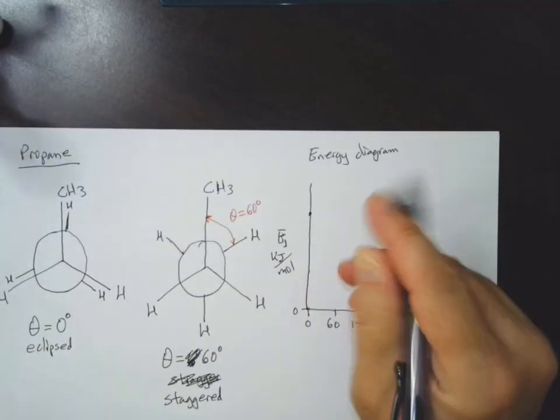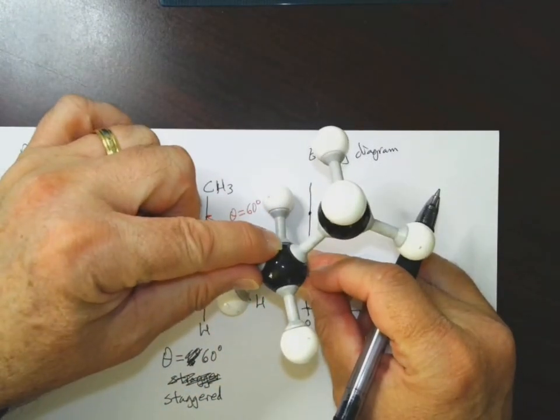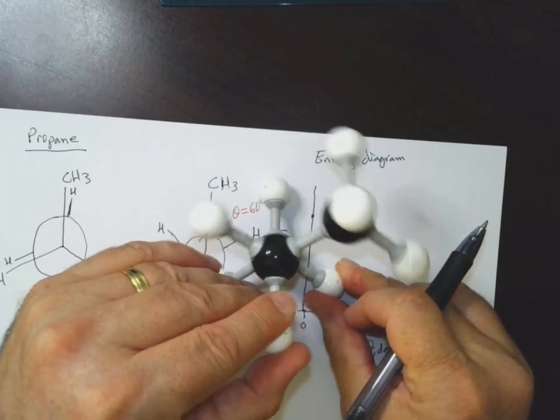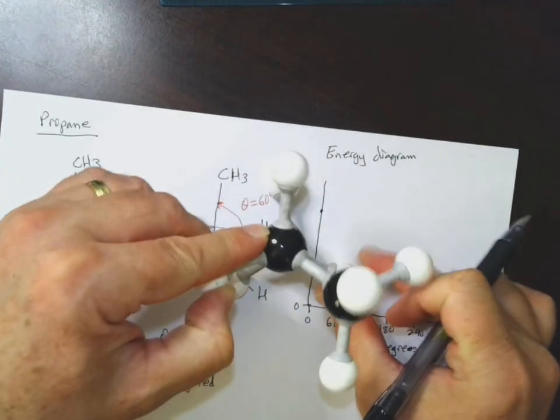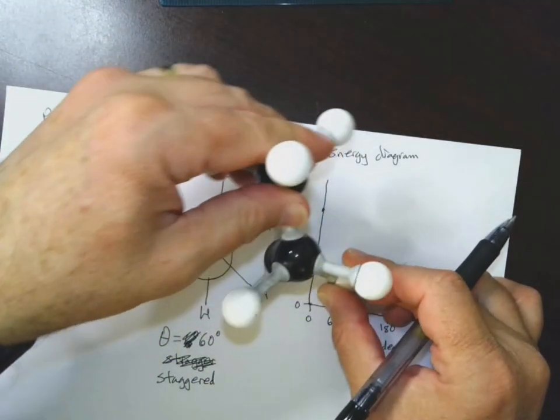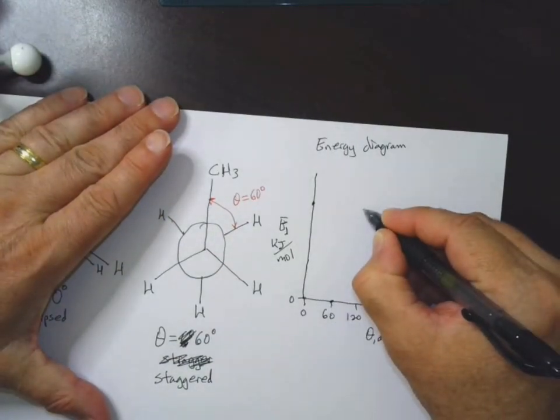But we'll have our eclipsed, higher energy, staggered, lower energy, which we'll call 0, and then eclipsed again, and staggered again, and eclipsed again, and staggered again. So it's going to have the same basic shape.